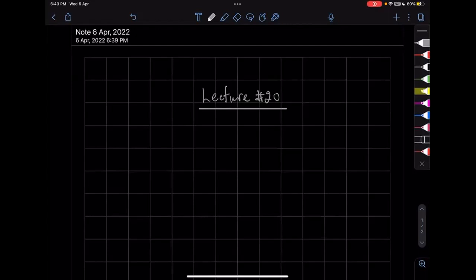So let me just recap a little bit. Last time I wanted to motivate the unitarity theorem. But before that, I reminded you of a result for finite groups.